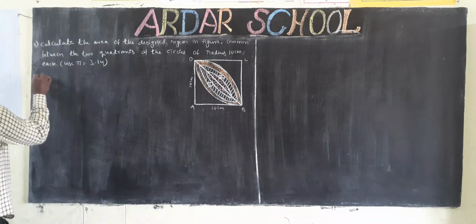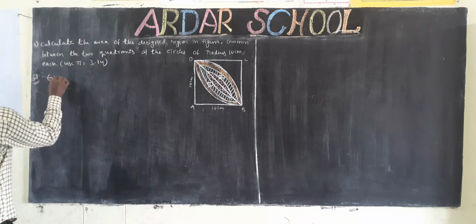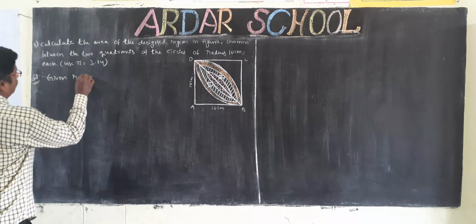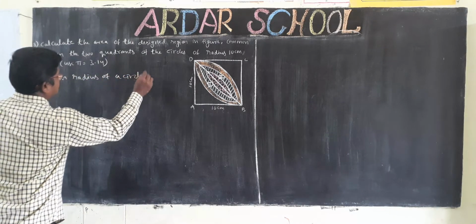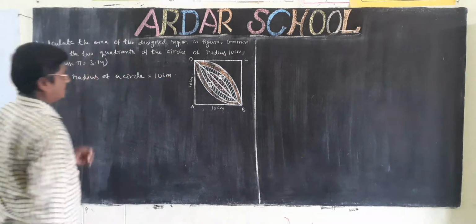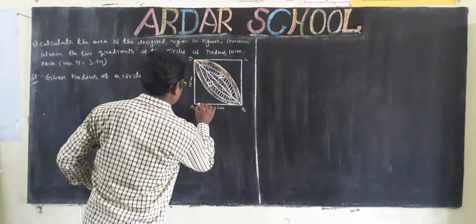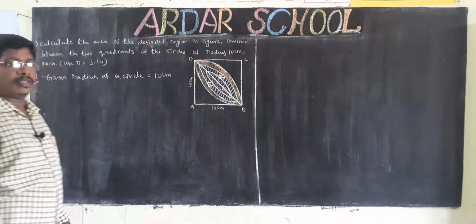First of all, we have to write what is given. The given radius of a circle, that means quadrant, is equal to 10 centimeters. This is 10 centimeters. This is also 10 centimeters. Okay.